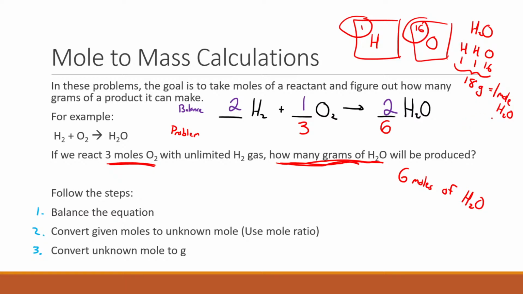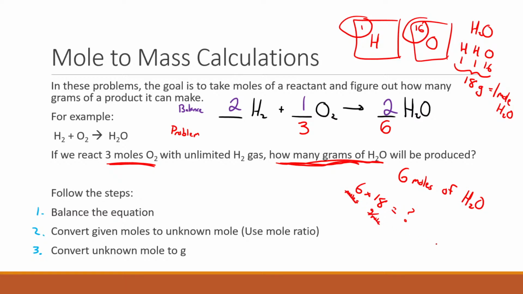And so if we have 6 moles of water, we can figure that out. Right? What's 6 times 18? Right, 6 moles times 18 grams per mole.